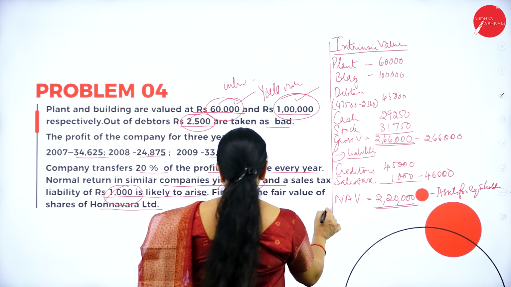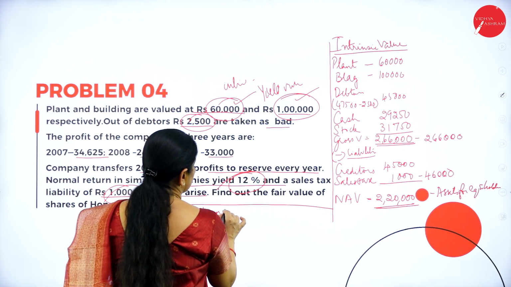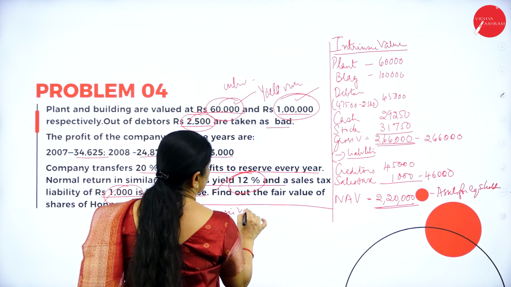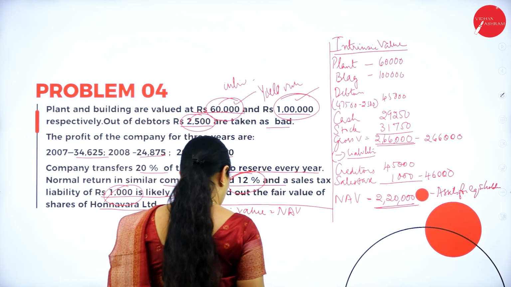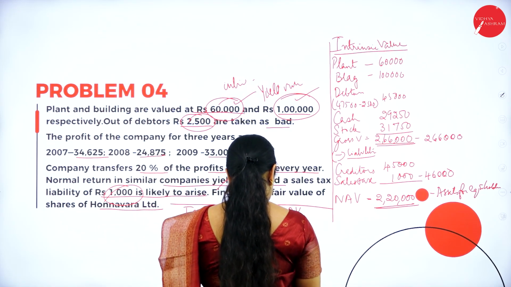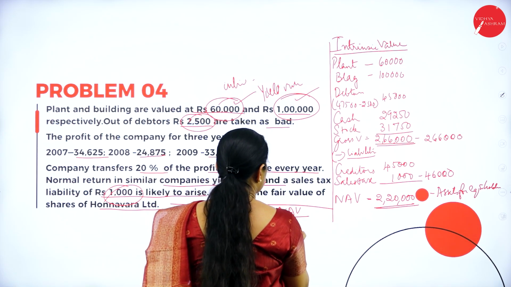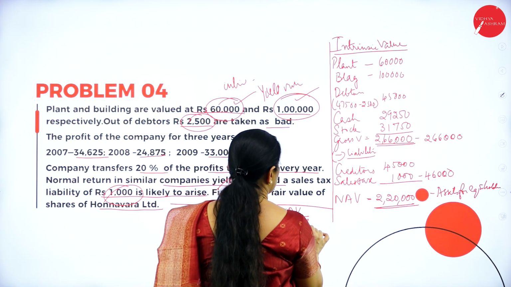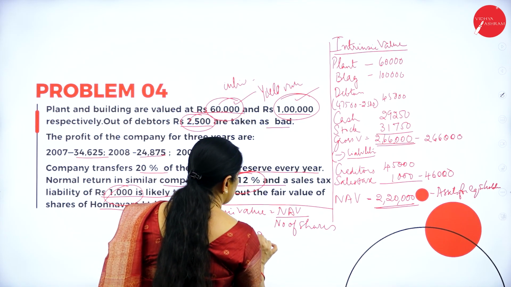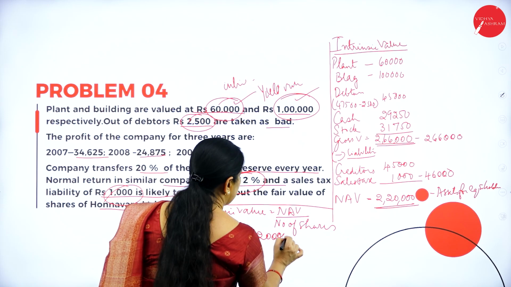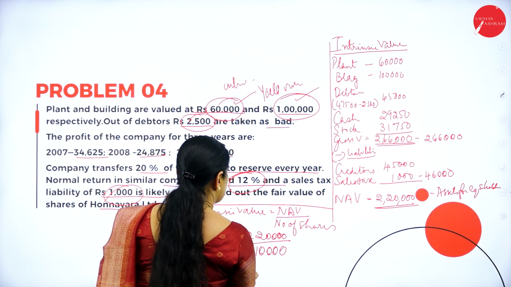Now I will calculate the intrinsic value equals net asset value divided by number of shares. So this will be equal to 2,20,000 divided by 10,000.